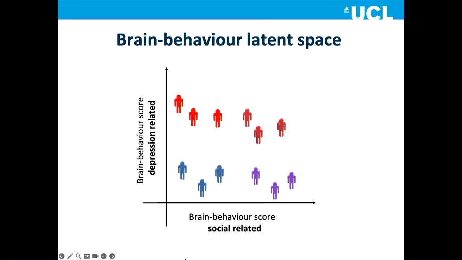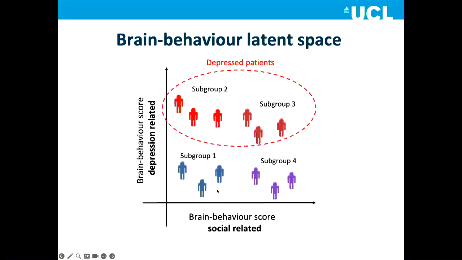This latent space summarizes the two modalities and captures variations in mental health from normal to abnormal, and we can use it, for example, to find subgroups of subjects based on their scores in the two dimensions. And if we just look at the depression-related dimension, we can use it as a diagnostic approach.